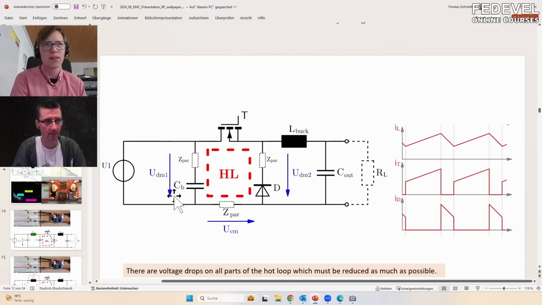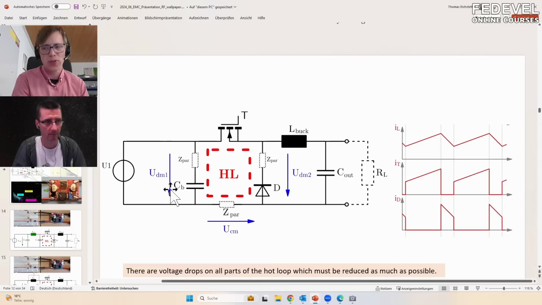And here on the input capacitor, we have the same. We also have very hard switching, and this fast current change now goes over the capacitor and also over its parasitics. This will then create a differential mode.